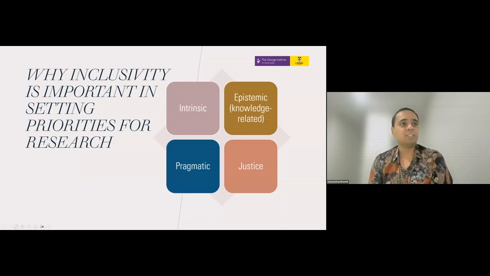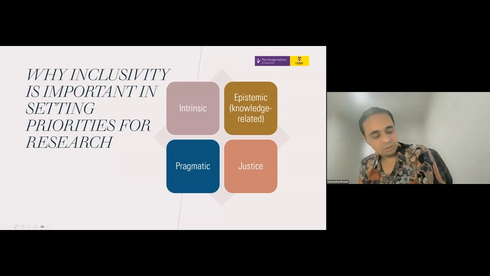If we engage interest holders who are involved in this process, they are more likely to accept it and more likely to implement it when the priorities are being developed. It is also more likely that the priorities that are developed in an involved manner are more relevant to the different interest holders in the process.